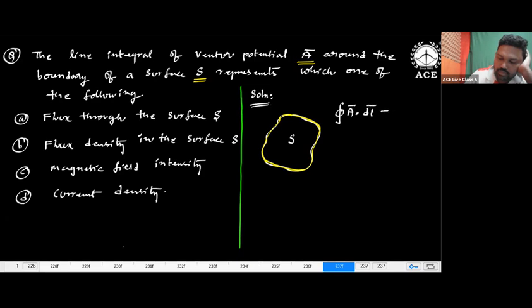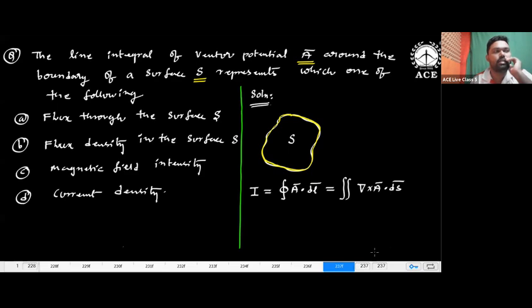From the Stokes theorem, you can apply, let me write down here. The closed line integral of A dot dL is equal to surface integral of del cross A dot dS or dA, beta.